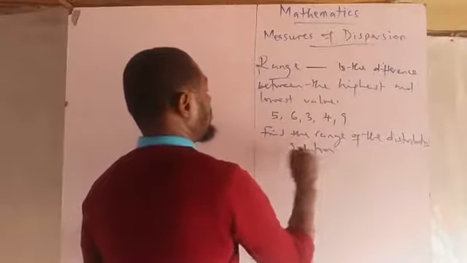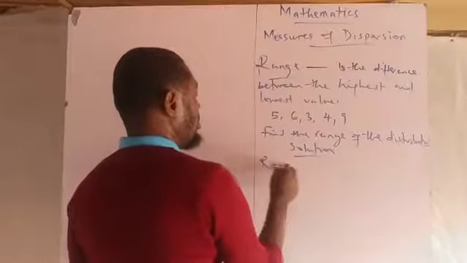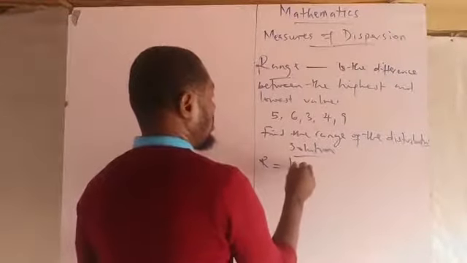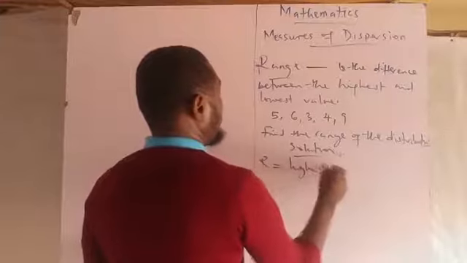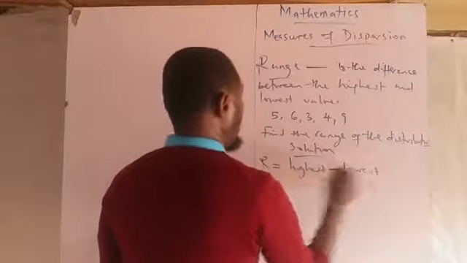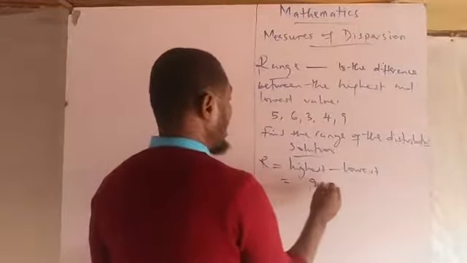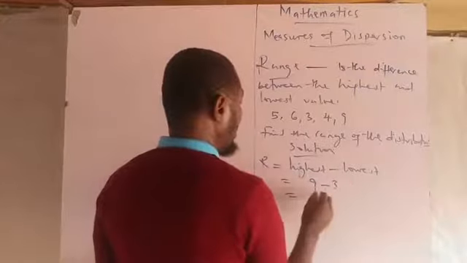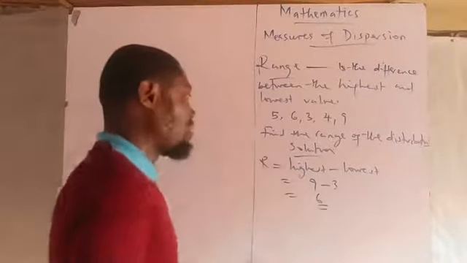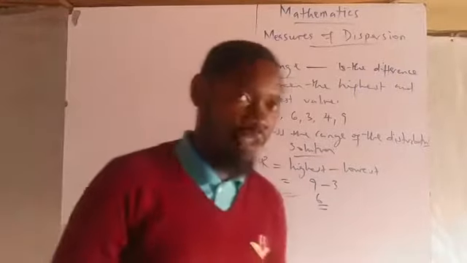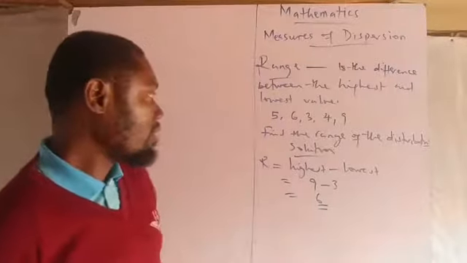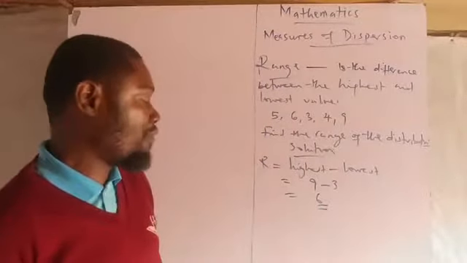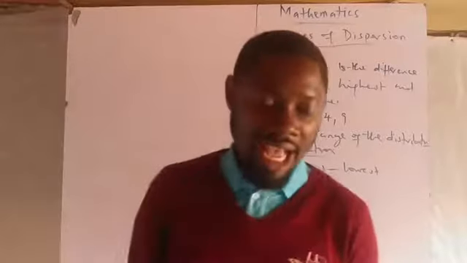Range is equal to highest minus the lowest. The highest is 9, the lowest is 3, so our answer is 6. So the range of that distribution is 6. All you need to do is to find the difference between the highest and the lowest value.